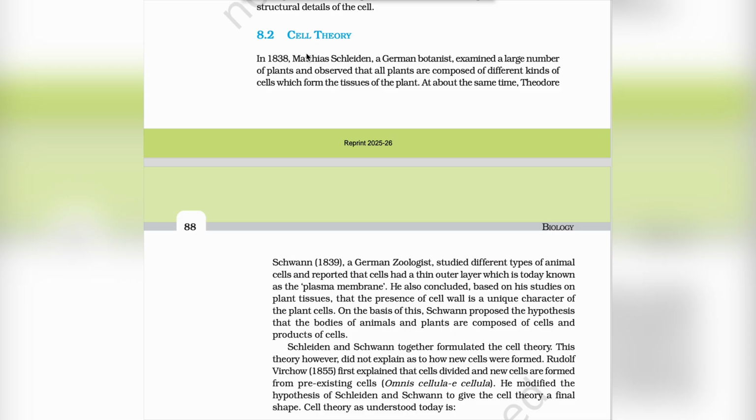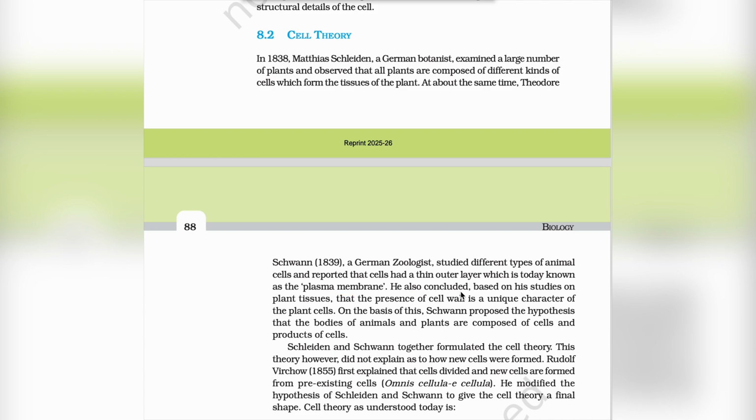Cell theory. In 1838, Matthias Schleiden, a German botanist, examined a large number of plants and observed that all plants are composed of different kinds of cells which form the tissues of the plant. At about the same time, Theodor Schwann, a German zoologist, studied different types of animal cells and reported that cells had a thin outer layer which is today known as the plasma membrane.